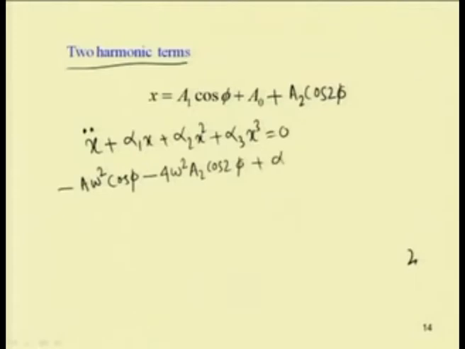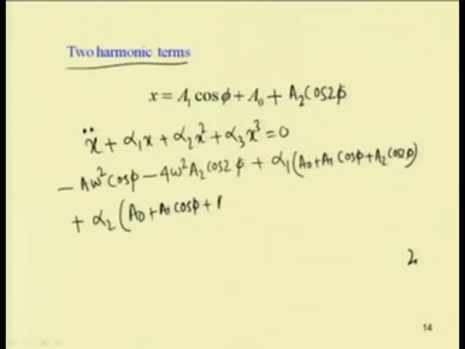Then for alpha 1 we can write alpha 1 into A0 plus A1 cos phi plus A2 cos 2 phi, then plus alpha 2 into x square. So, x square will be equal to A0 plus A1 cos phi plus A2 cos 2 phi whole square, and for this, alpha 3 into A0 plus A1 cos phi plus A2 cos 2 phi whole cube.